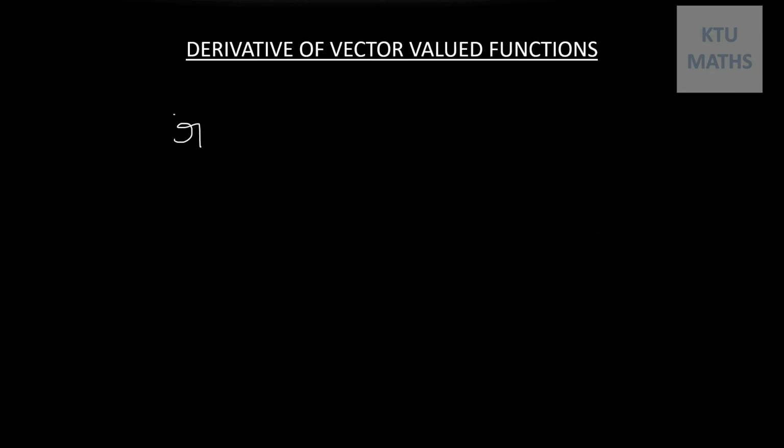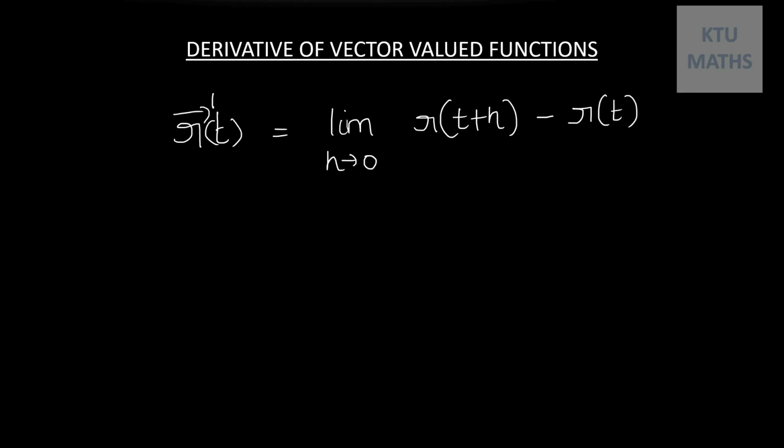A vector valued function is said to be differentiable if this limit, I will write it down now, limit h tends to 0 of r of t plus h minus r of t, by h.